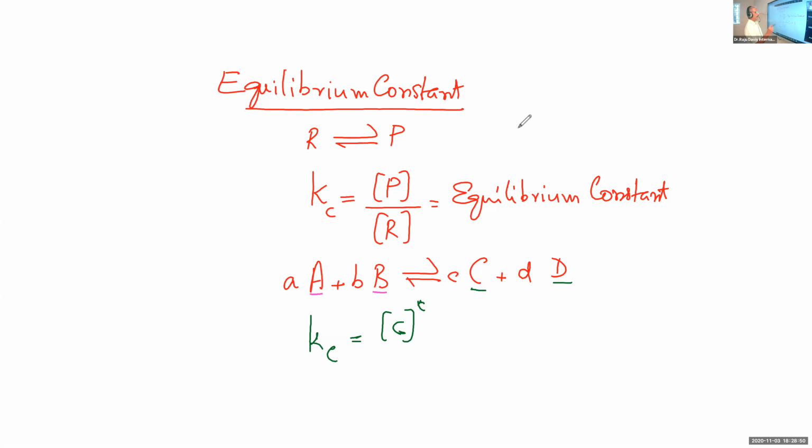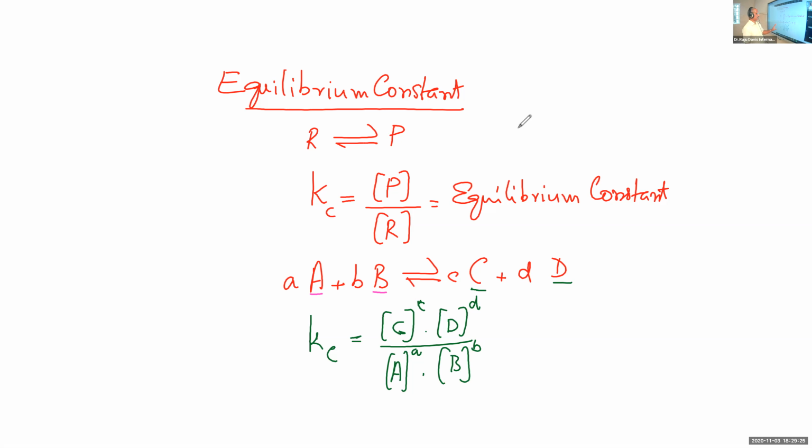Wherever there is a plus, you multiply by the concentration of D raised to the power of small d, divided by the concentration of the reactant A raised to the power of small a, multiplied by the concentration of B raised to the power of small b. And this is also a constant, known as the equilibrium constant Kc.